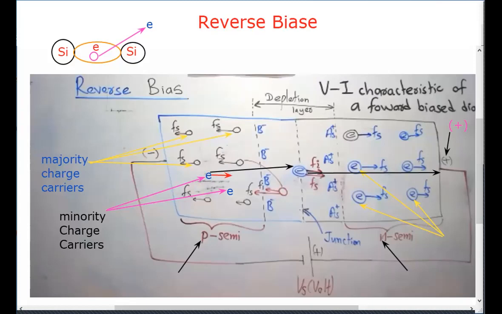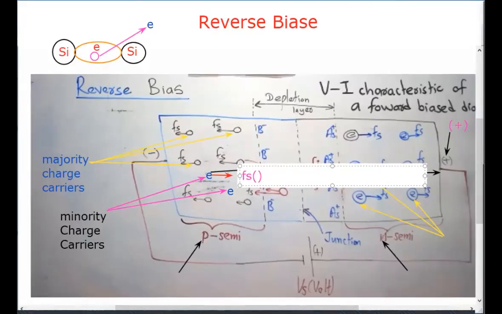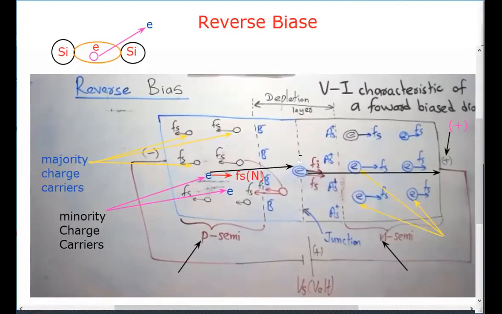So let me mark it as Fs. The Fs force is directed to the N semiconductor side. Because of this Fs force, the electron is moved to the junction.